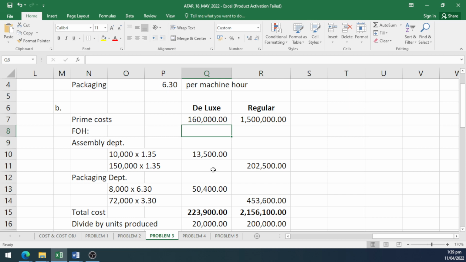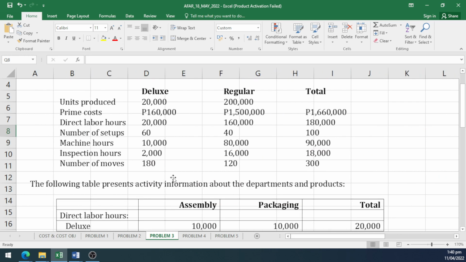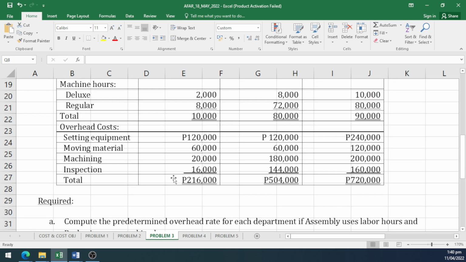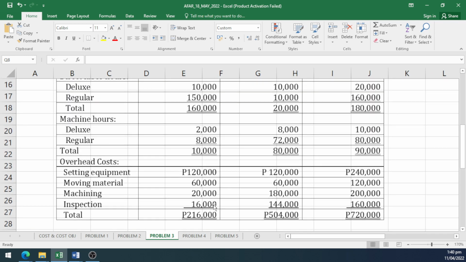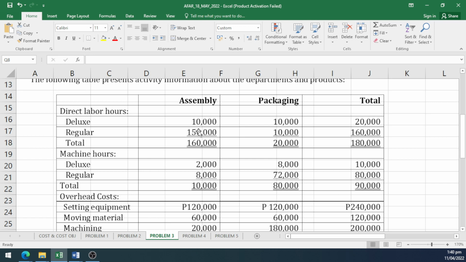In assembly department, ang overhead rate doon, 1.35. Based on DLRs. Ang DLRs ng Deluxe ay 10,000 at regular 150,000. Ito po yan. Okay, sa assembly tayo, ha. Deluxe, 10.